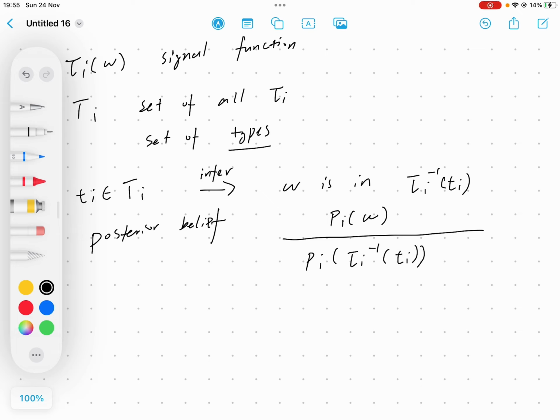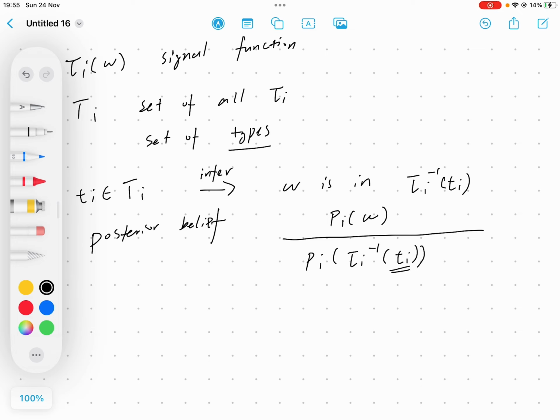It is the sum of the probabilities of sending this signal realization ti, which might come from omega, omega 1, omega 2, or something else, but it has to be some state that could send out this signal.